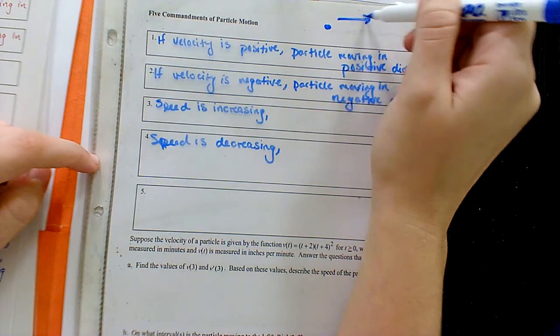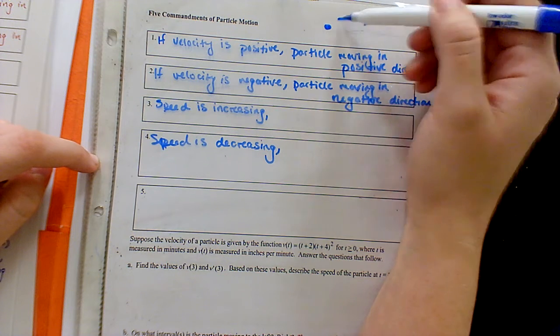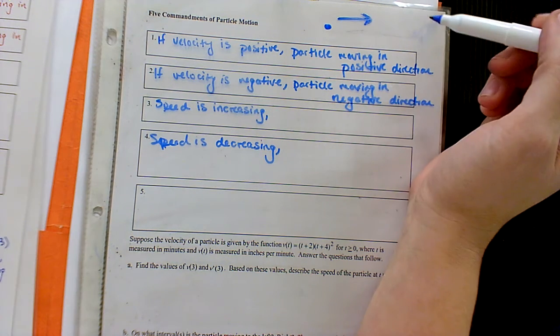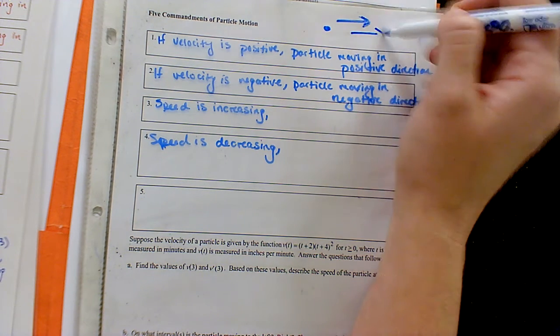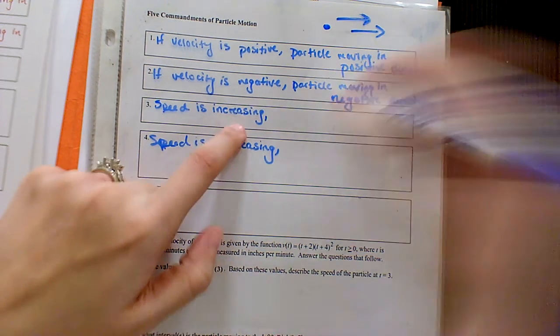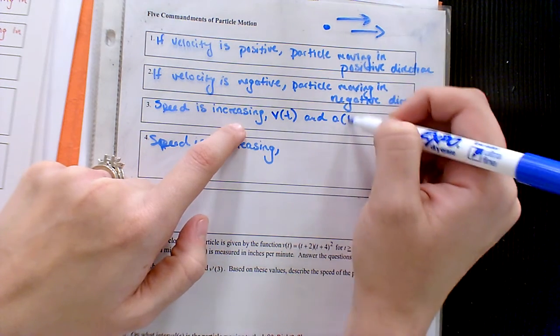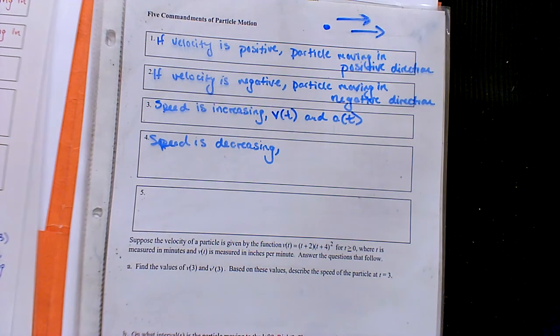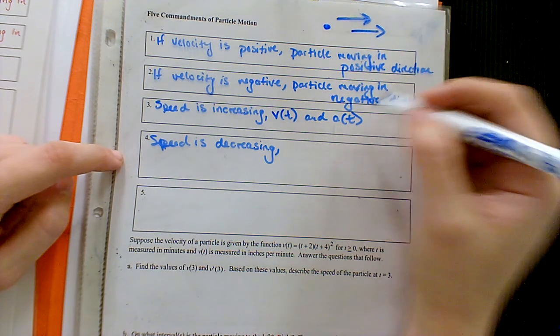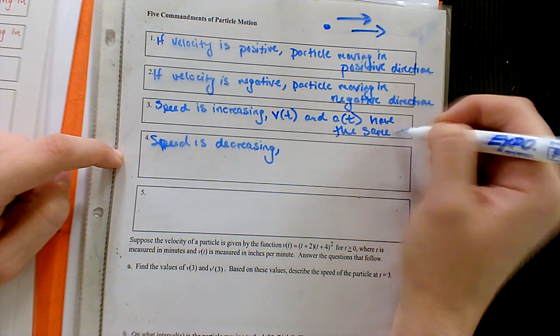So if your velocity is to the right, because you have that constant speed, in order for you to move faster, you'd also have to accelerate to the right. You push yourself forward, right? So if speed is increasing, velocity and acceleration, I'm going to write them in terms of function notation. Velocity and acceleration have the same sign.